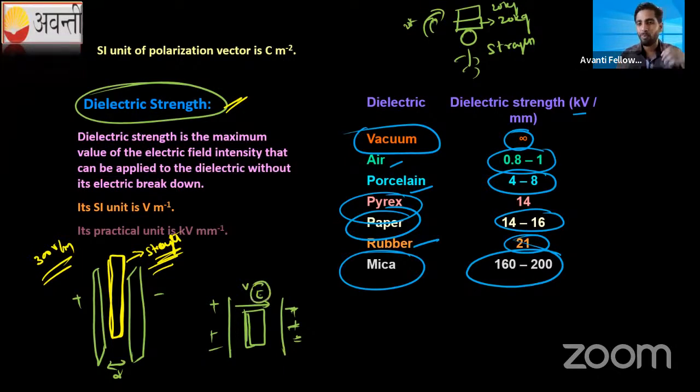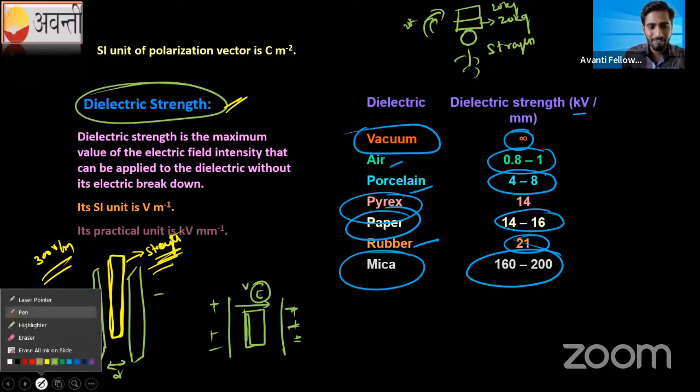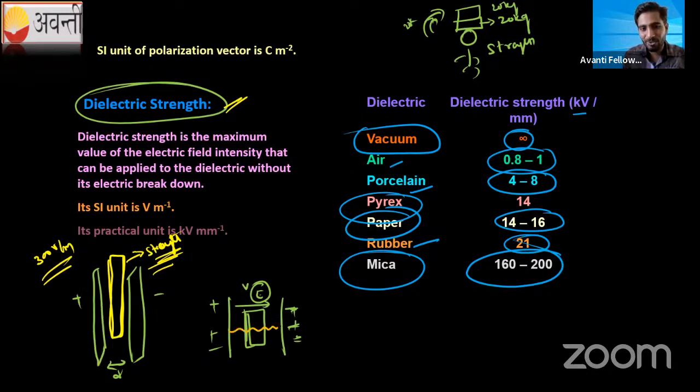The original electric field effect will take place as before. And if I connect these two capacitor plates with a wire, do you know what will happen? Is there any idea? Let me know.